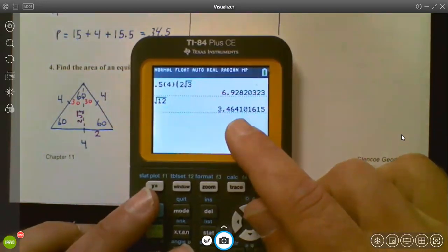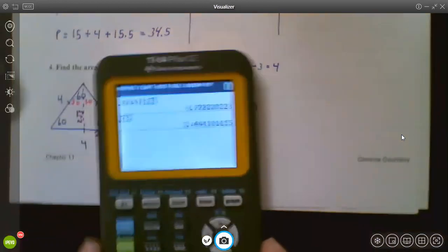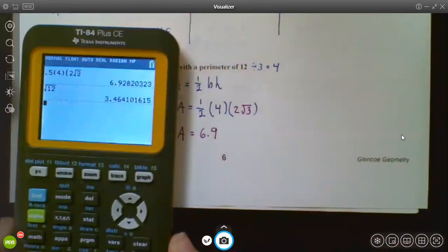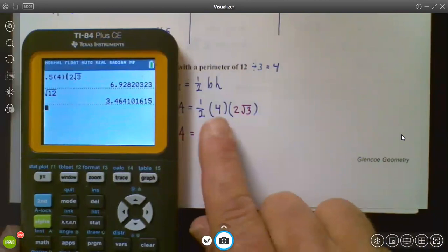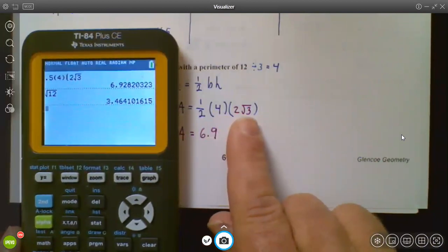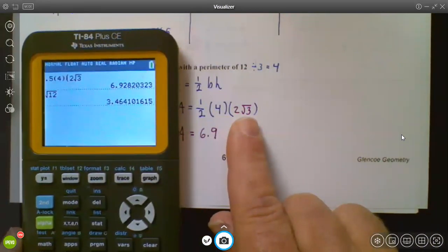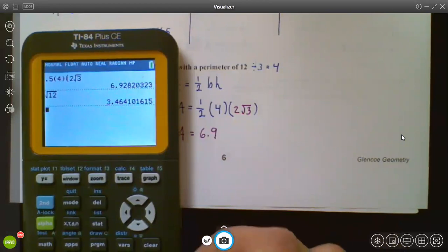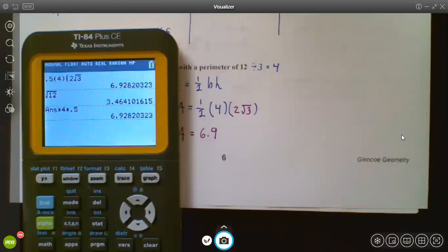If I use the full value, so in other words, if I multiply it, so that's your height, right? But as a decimal. I wrote mine as a radical, you wrote yours as a decimal. So if I don't round it in the middle of the problem, and I just hit times 4 times 1/2, then I'll get a much more accurate answer that way.